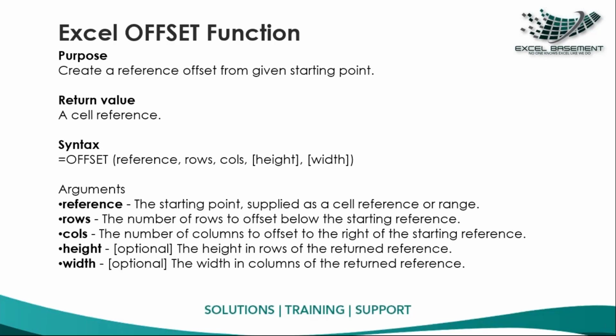Let me go through it quickly and then I will come back to the practical side. The purpose is to create a reference offset from the starting point. It will return a cell reference, and remember that the offset function is practically used with other functions as well. It's a combination of different functions altogether.